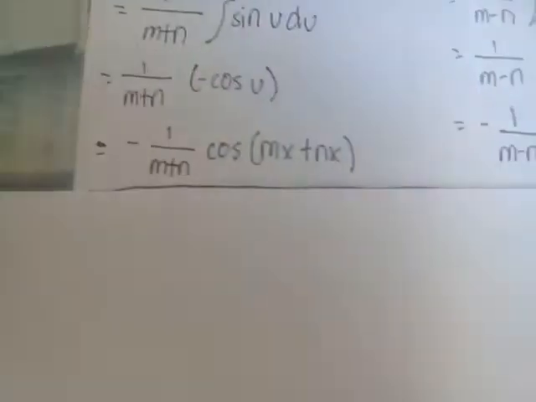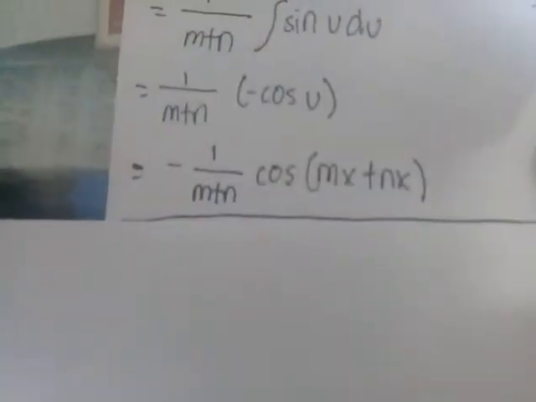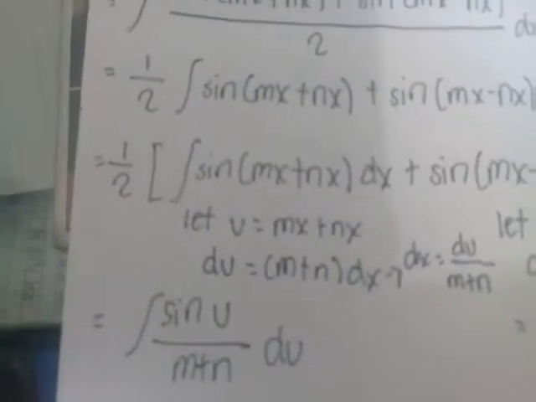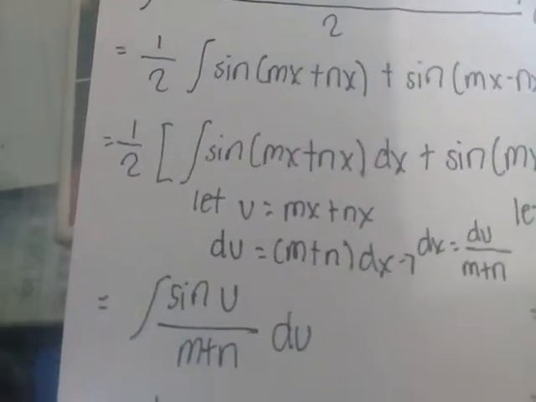So for the u, we will now get back to our u substitution, which is mx plus nx. Then we will substitute it with this one, so that we will now get this one. So that will be the answer for the integral of sine mx plus nx dx.